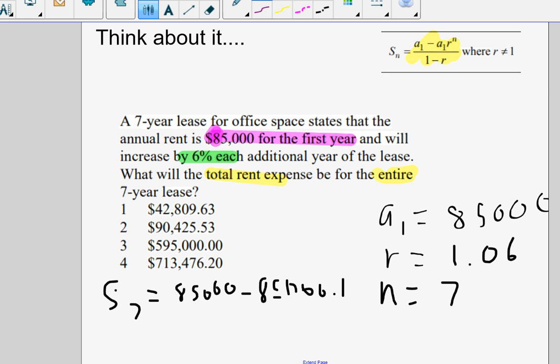Remember, your calculator trick is you plug that in, you're either putting parentheses around the numerator and denominator, or you're using that alpha y equals enter. So give that a try, plug that into your calculator, and let's see what we get.